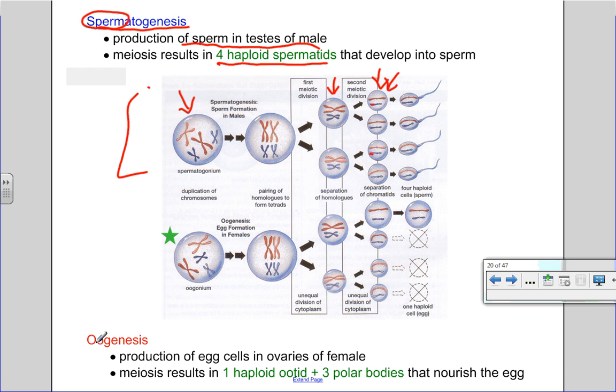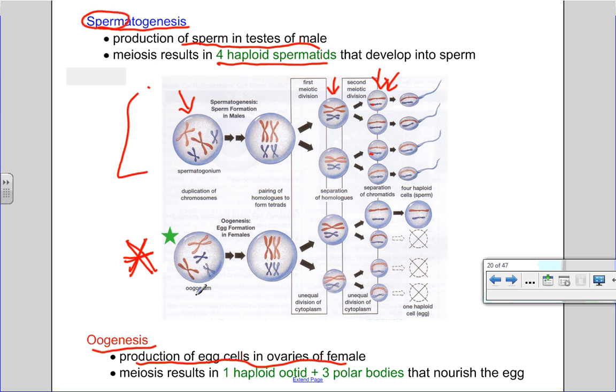Now, oogenesis. Genesis again means production or making of, and oo is referring to ootids, which are egg cells. So oogenesis means a production of egg cells, which happens in the ovaries of the female. Now, if we look at this one, it's pretty special.